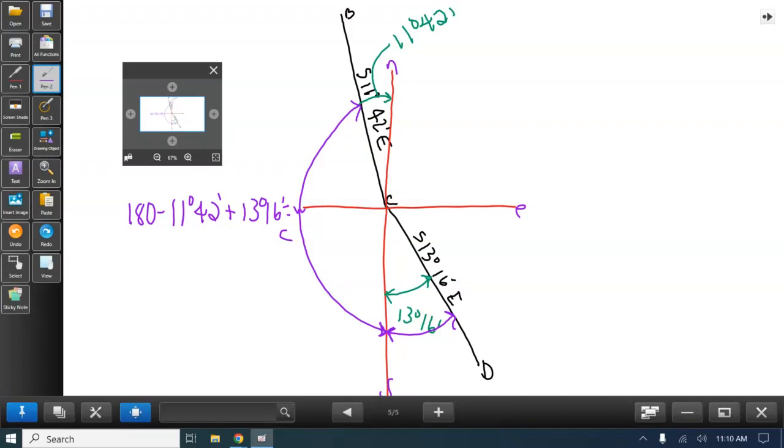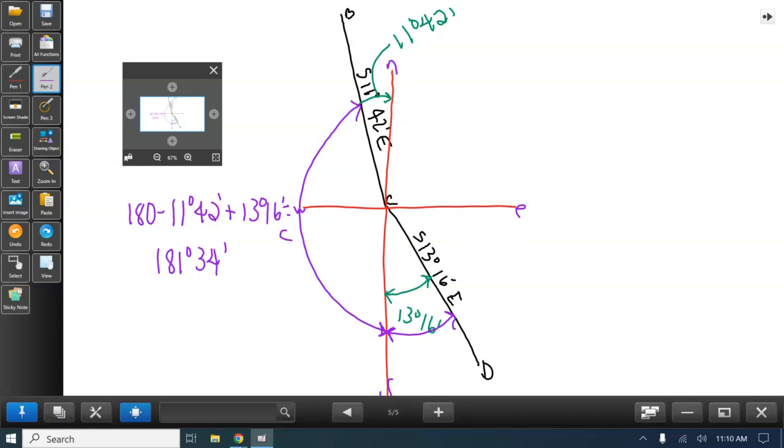I had 181.34. You got what? 181 degrees, 34 minutes.